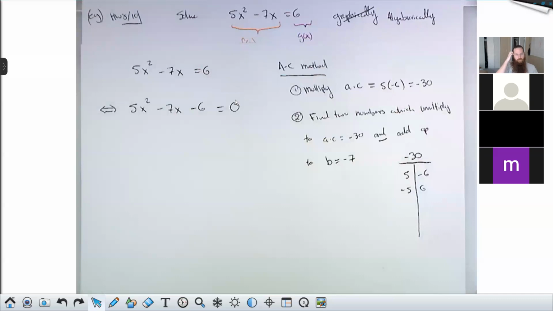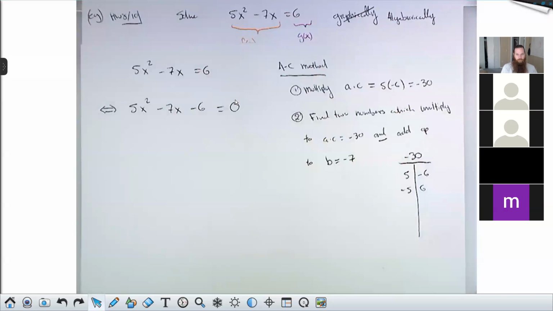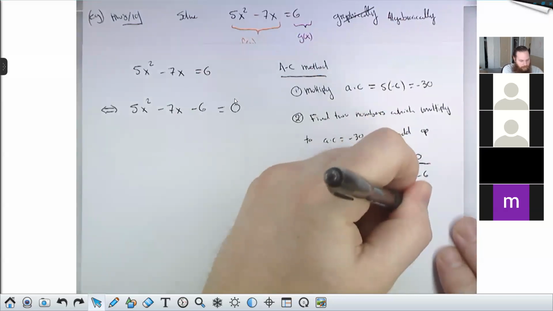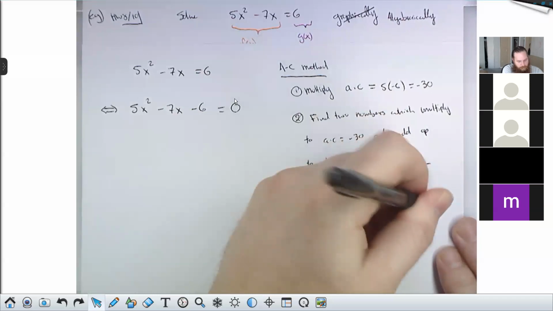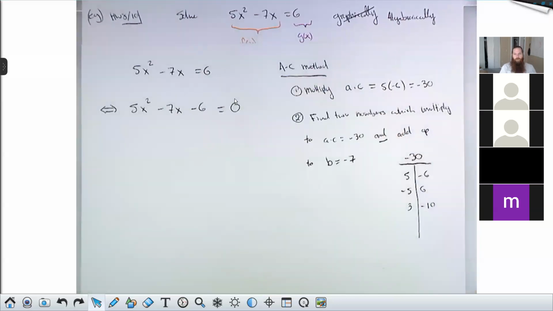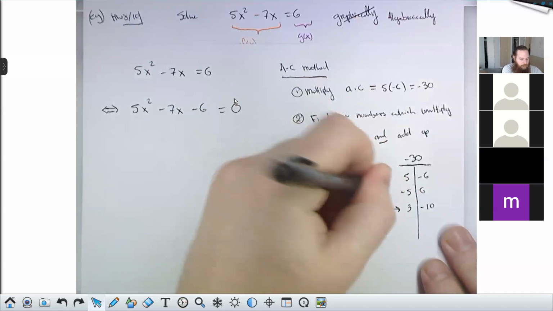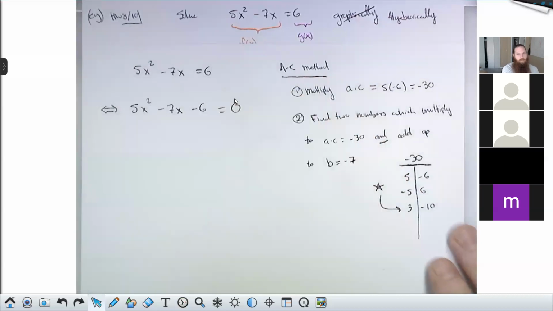What other pairs of numbers do I have that multiply to negative 30? 3 and 10? Yeah, good. So 3 and negative 10 multiply to negative 30, and if you add those up, you do get negative 7. So these are my two numbers. We're stoked on these guys. These are good.